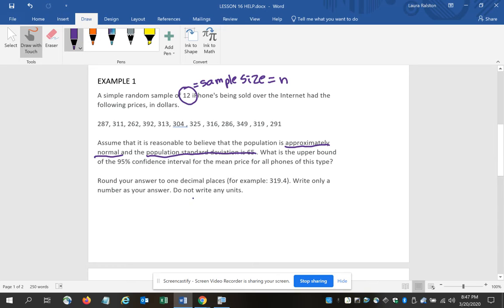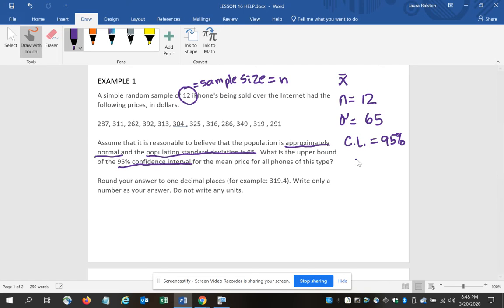Okay, so far, remember, we need to know the sample mean. We need to know the sample size, which is 12. We need to know the population standard deviation, which we were given as 65, and we need to know the confidence level, which is 95%.